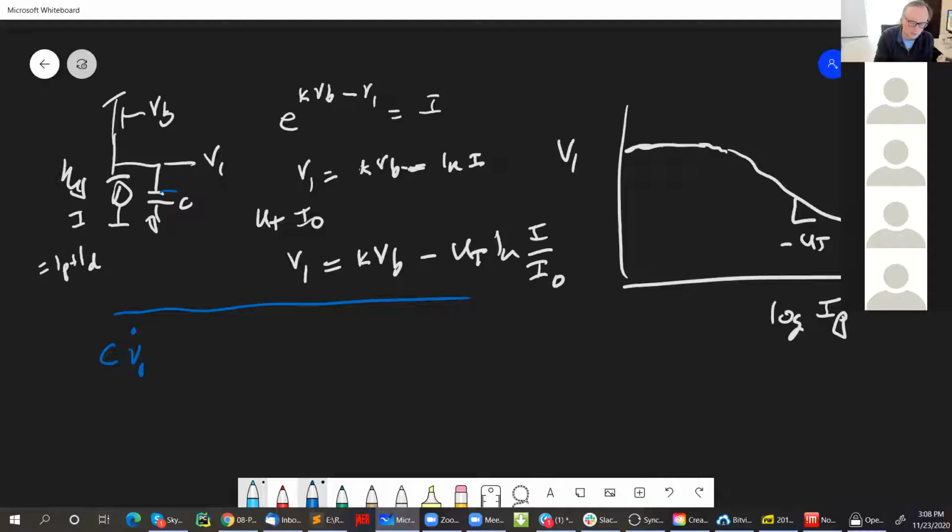So it's e to the kappa VB minus V1 minus I. That's the whole differential equation. The current flowing onto the capacitor, which is C dV/dt, is equal to the current flowing in through the transistor, this top current, minus the current flowing out. That's the complete differential equation.